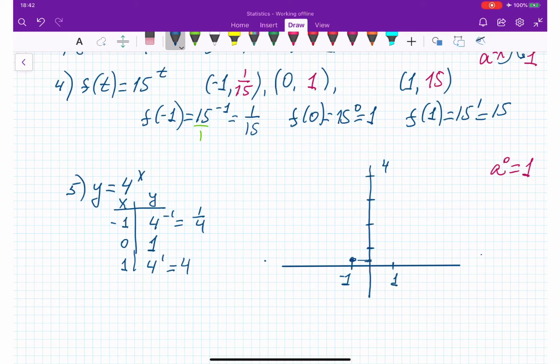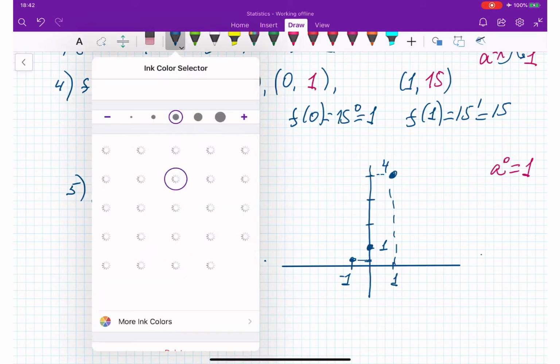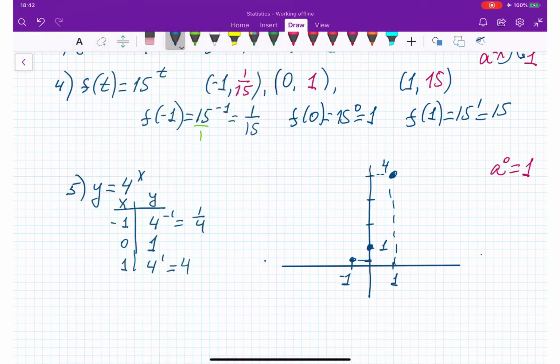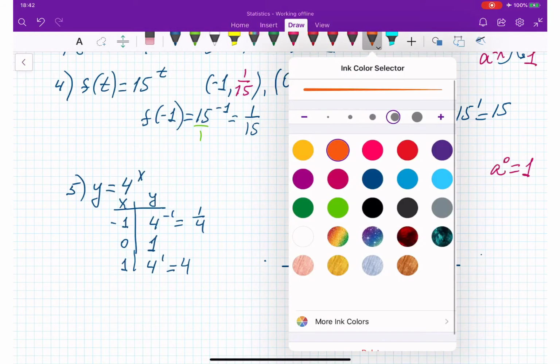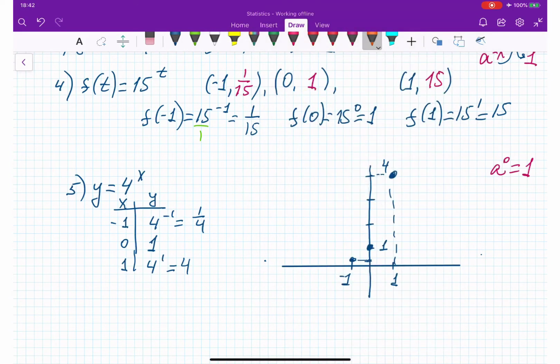And when x is 0, we have here 1. This is the next point. And when we have 1, y is equal to 4. So the graph is going to look like this.